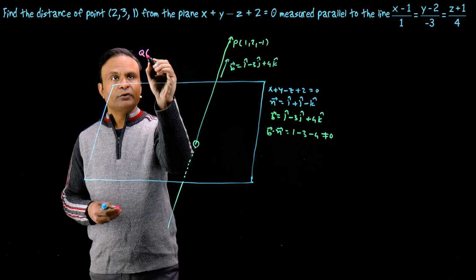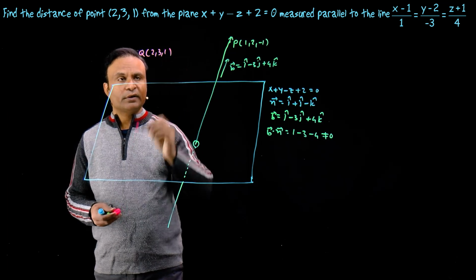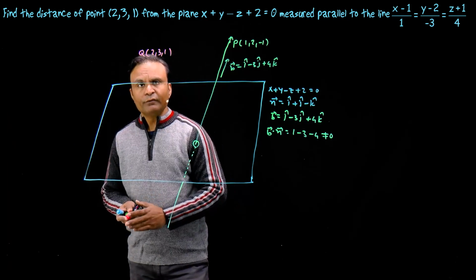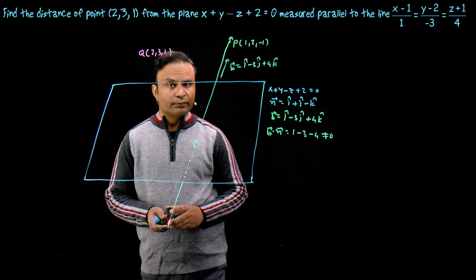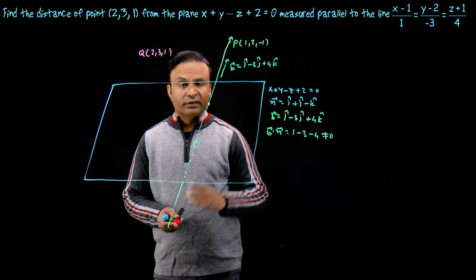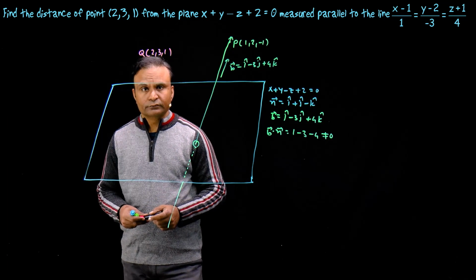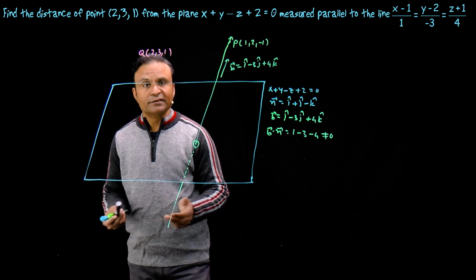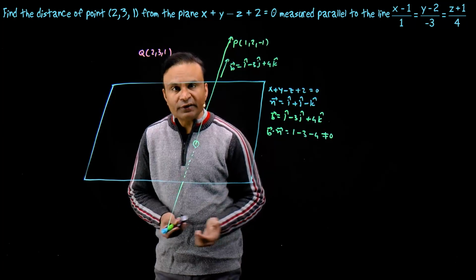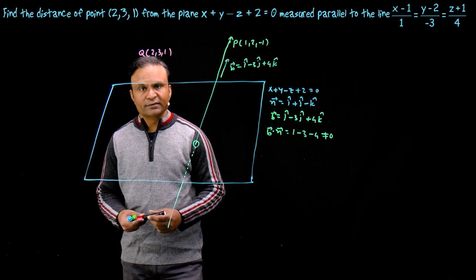Suppose this is point Q. Now we have to find the distance of this point from the plane, but that distance is measured parallel to this line. That means certainly this distance is not the shortest distance, not a perpendicular distance.